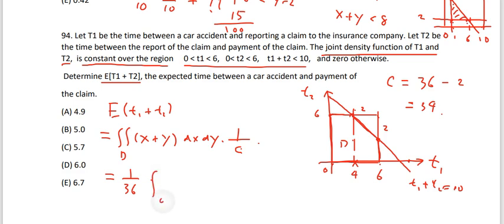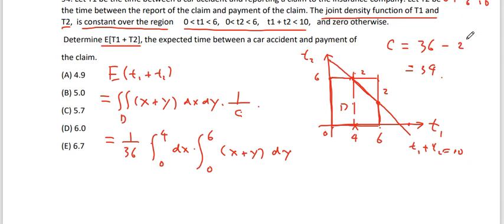When x equals 0 to 4, y is from 0 to 6, right? So x plus y, dy.